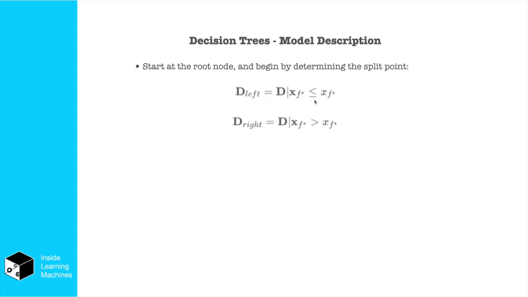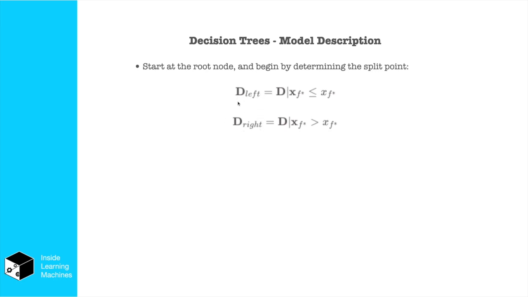So in a mathematical sense, this is what I'm talking about. We have D. We can think of D as being the data that arrives at a given node. And we need to work out a way of splitting D into two different matrices, D left and D right.